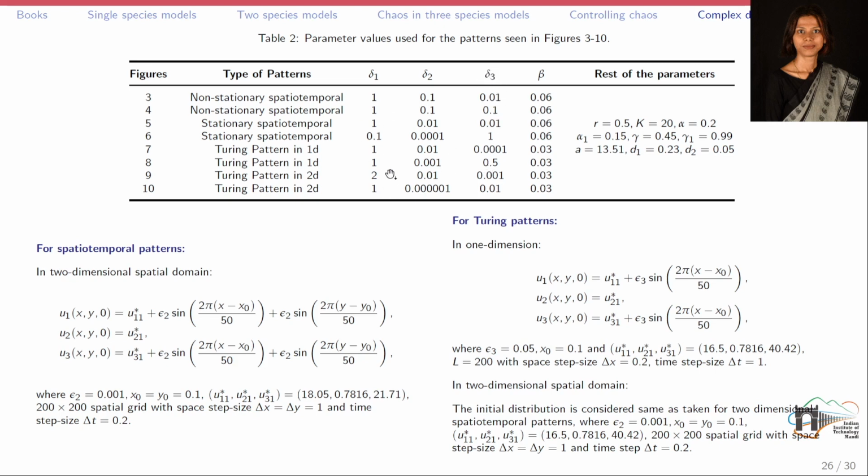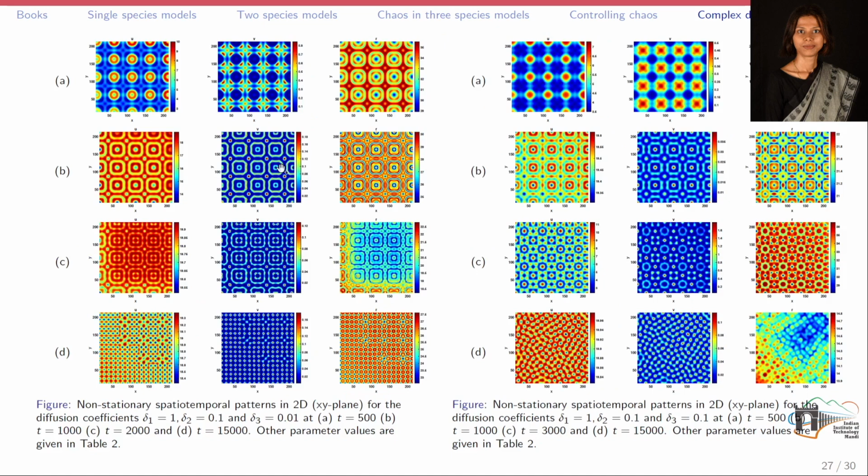We changed these, and also another parameter, beta, was changed, and what was seen is an extensive range of spatiotemporal patterns as well as Turing patterns, which is presented in this figure.